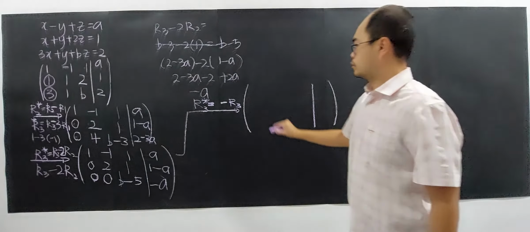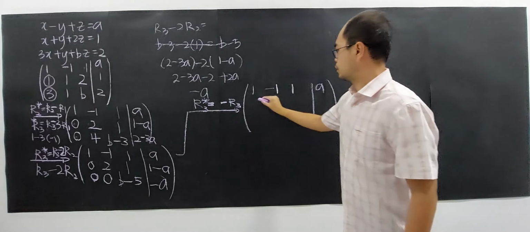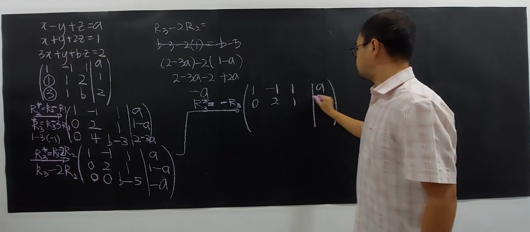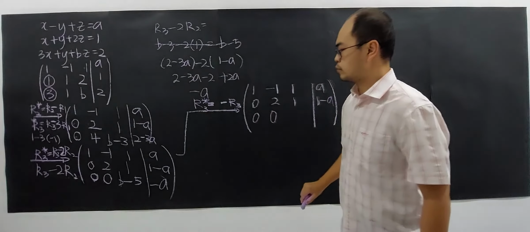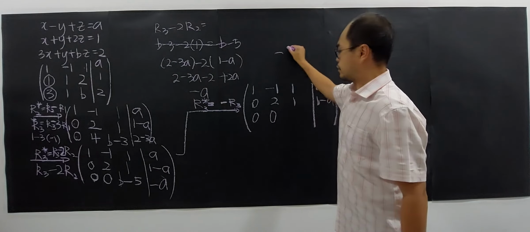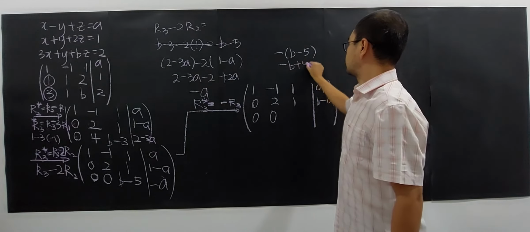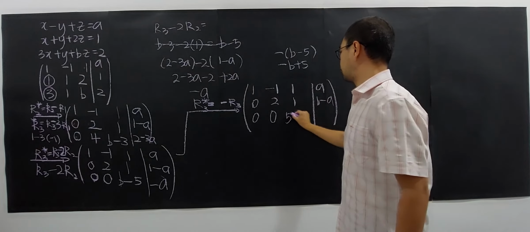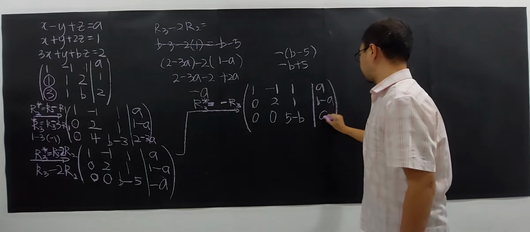Then I will get 1, -1, 1, A, then 0, 2, 1, 1 minus A. And multiplying the third row by negative, you are getting negative of B minus 5, negative B plus 5, or we can rewrite as 5 minus B. Multiply negative with negative A, you will have A.